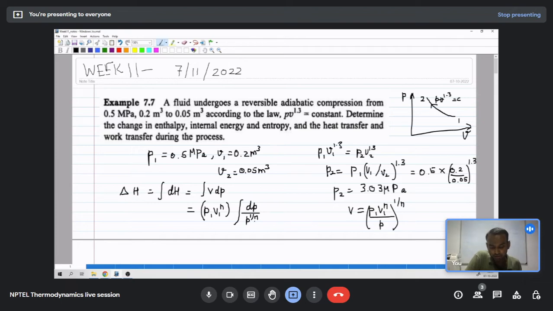Integrating this, we will get P1 V1 power n into, from 1 to 2, P2 power 1 minus 1 by n minus P1 power 1 minus 1 by n, whole divided by 1 minus 1 by n.